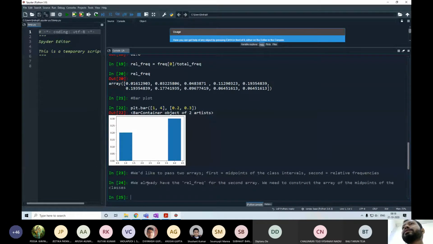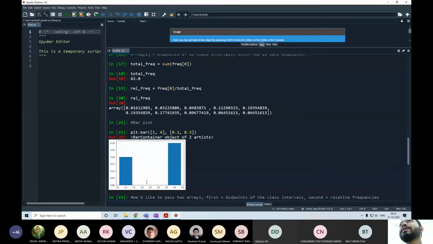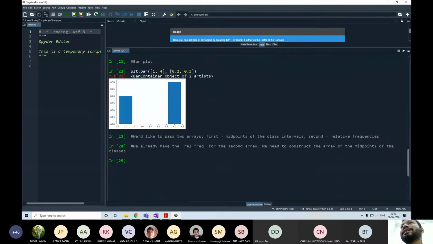Now, how do we do this? There is a problem, because frequency 1 is the endpoints of the class intervals. So from the endpoints of the class intervals, how do we get an array of midpoints of the class intervals? If I call that frequency 1, this array is the endpoints of 10 class intervals.